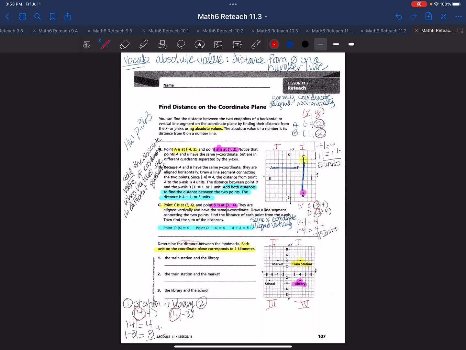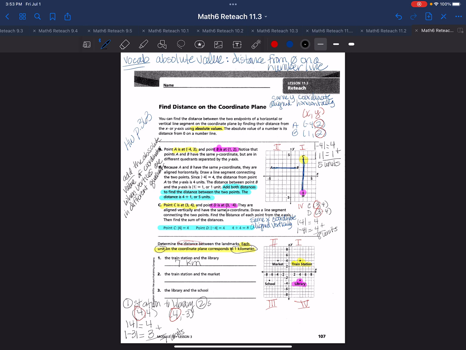So because they're in different quadrants, I need to add them, and I get 7 units. So because 1 unit corresponds to 1 kilometer, my answer would be 7 kilometers. Oops, I put kilograms. 7 kilometers.